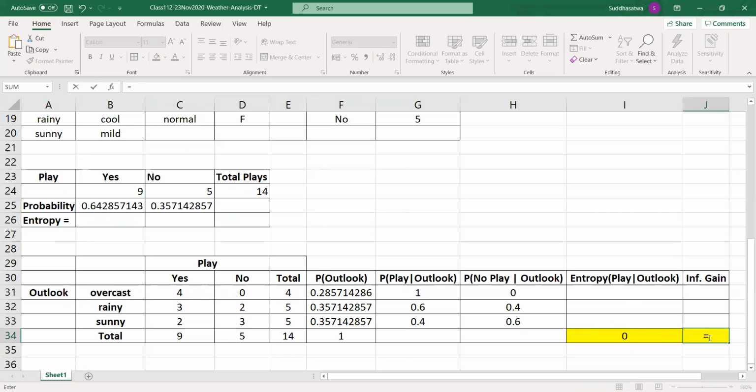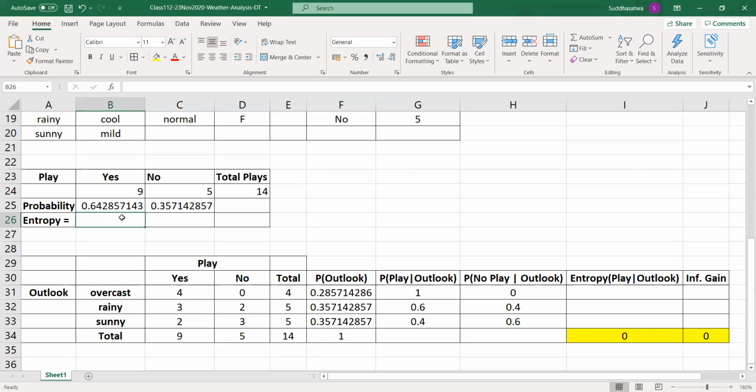Here we say $D$26 minus my entropy value. This is going to be my information gain. Why did I use the dollar? Because I'm going to later copy paste the cell, so that's why I will need that calculation.